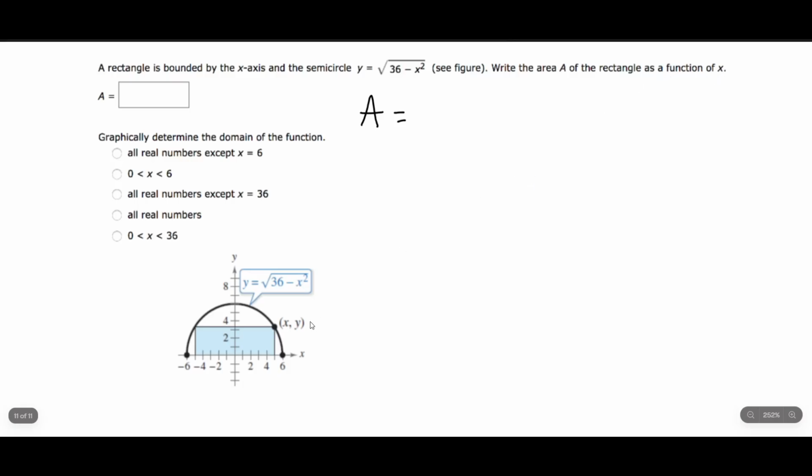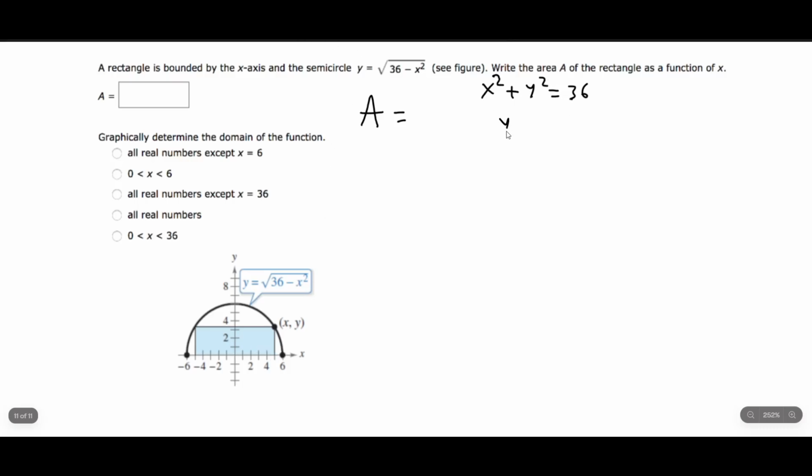But again, I feel like it's doable if you know this is y equals the square root of 36 minus x squared. If you think about x squared plus y squared equals 36, the radius is 6, but this is of a full circle.